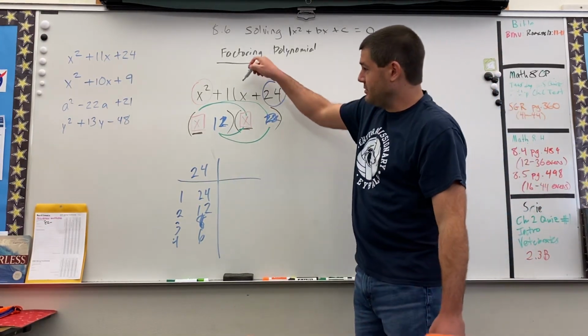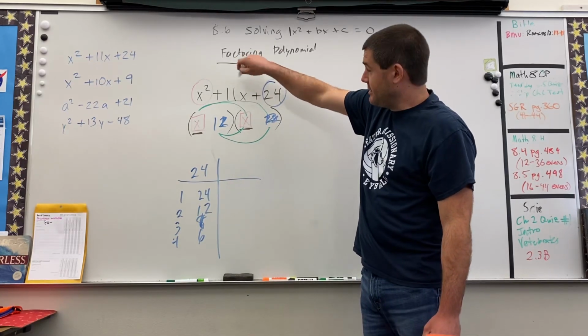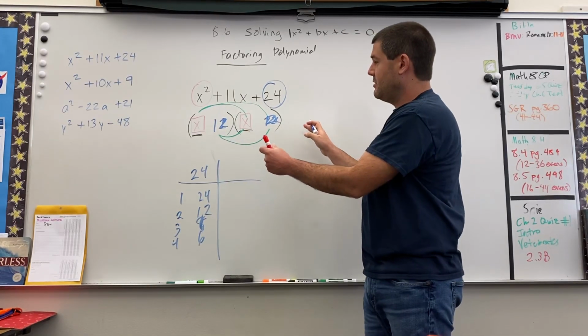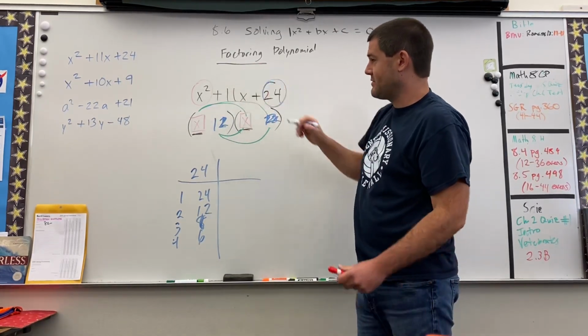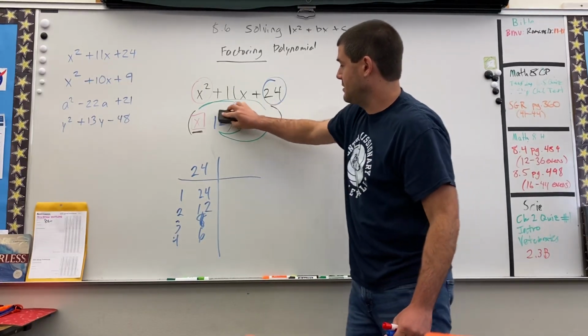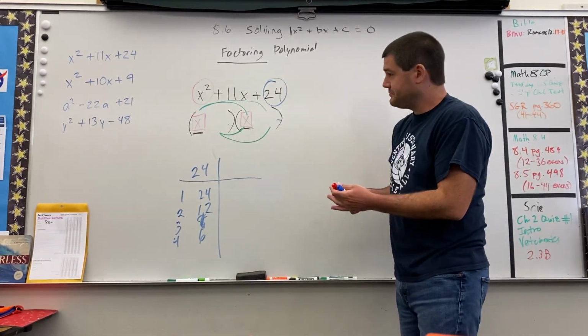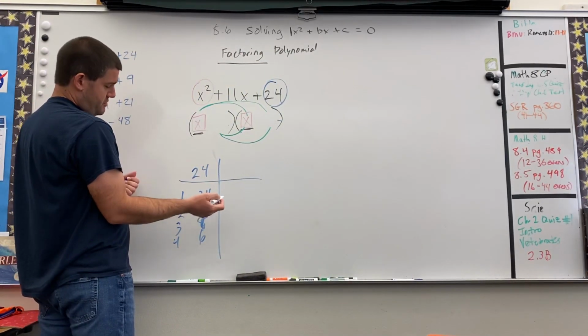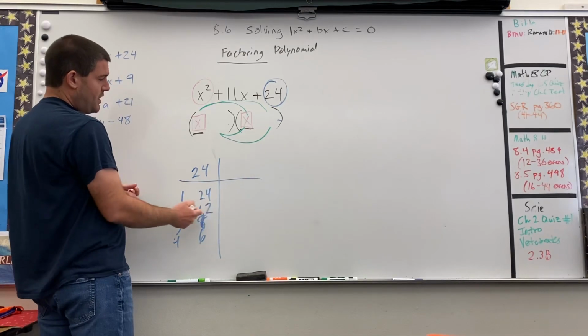But now we have to take into account this 11 right here. When we put these things all in here, the middle term is what we have to worry about. So let's just try it out and see what happens. Let's do 2 and 12.